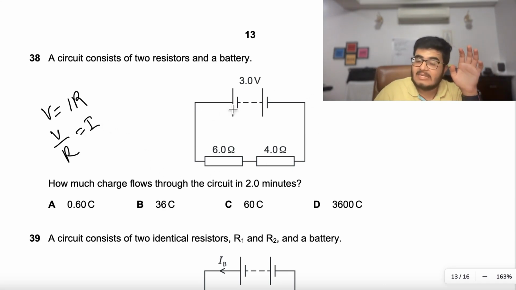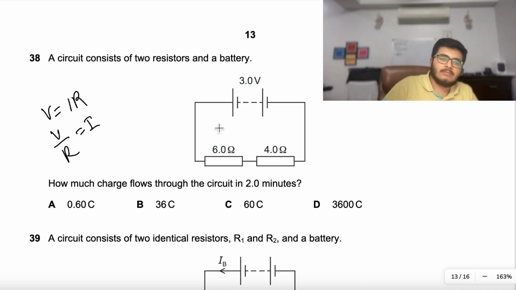Since it's a series circuit, current is going to be the same in the whole circuit, right? However, we'll add the current in this case. So when we calculate 3 by 6, current is 0.5, and 3 by 4, current is 0.75.